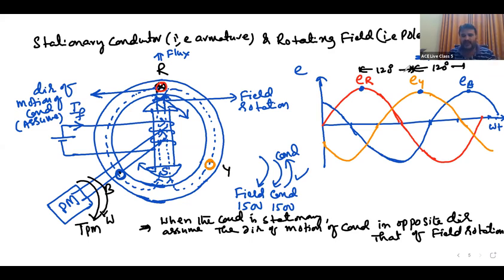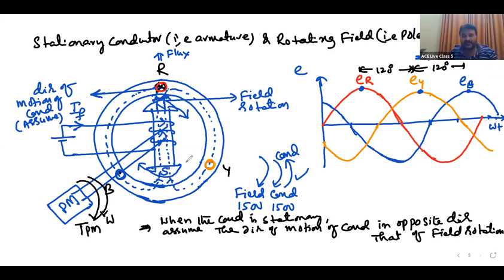Their maximum values are displaced with a phase angle of 120. They mean to say, if the winding is spatially displaced, R phase to Y phase 120, Y phase to B phase 120, that's the reason the maximum value of R to Y is after 120 degrees, Y to B too, balanced EMF.